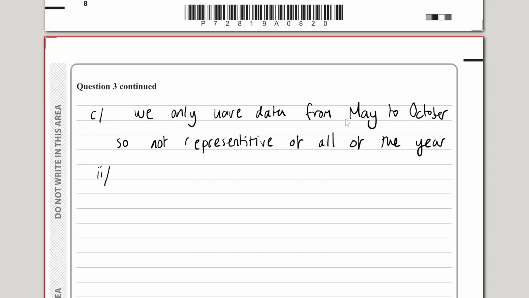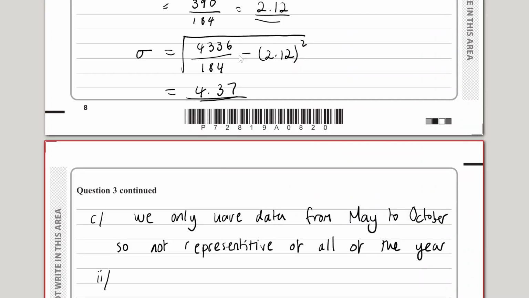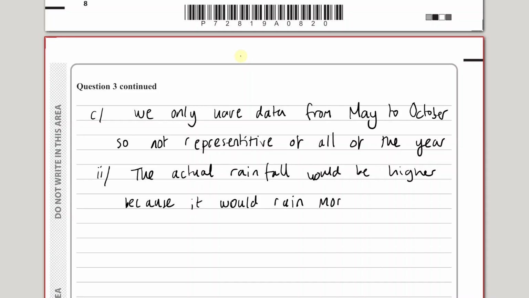So we could say the actual annual mean rainfall would be higher because it would rain more in the winter.